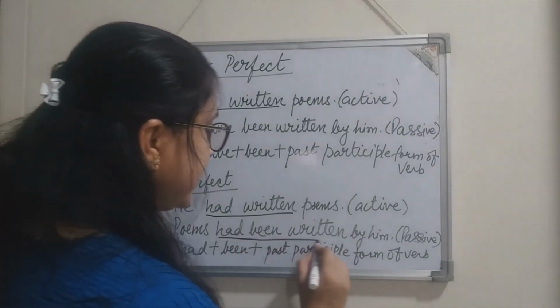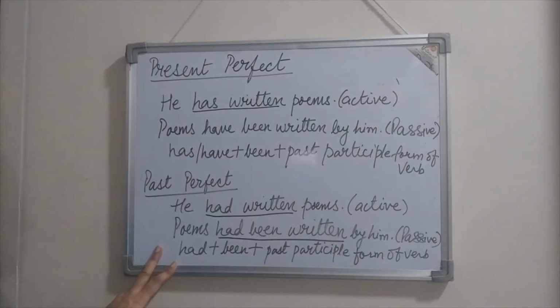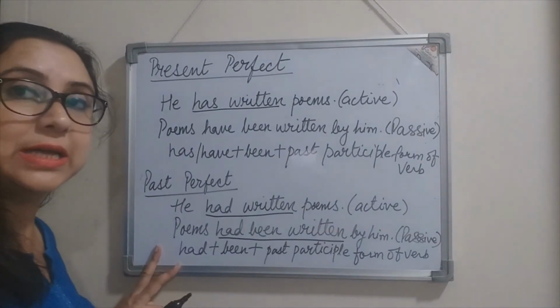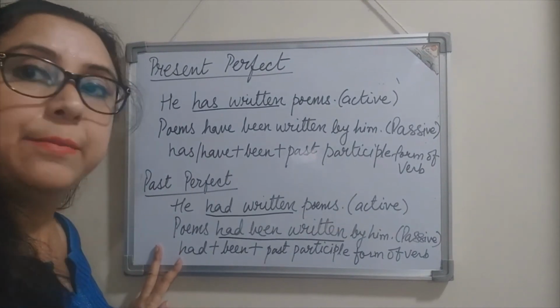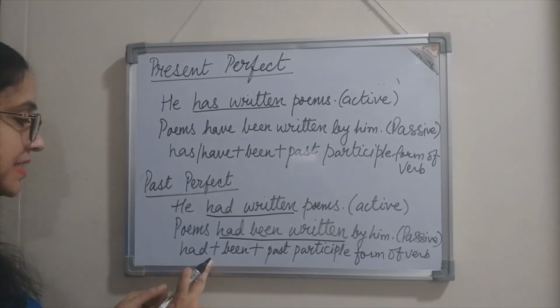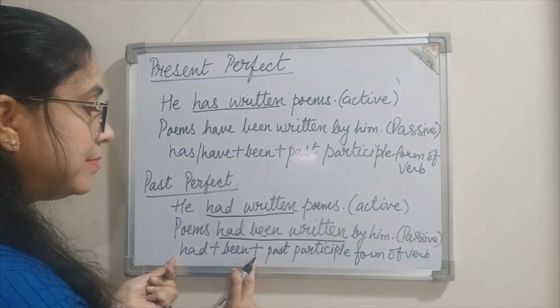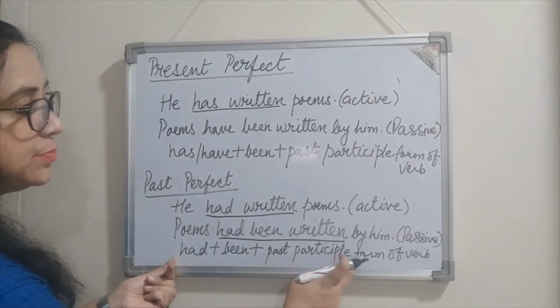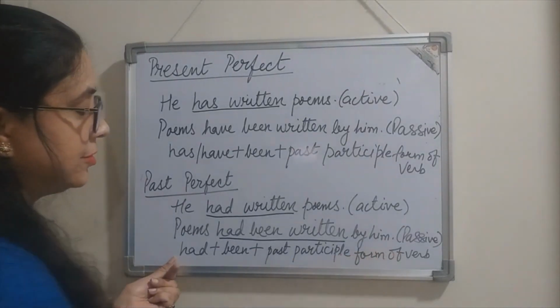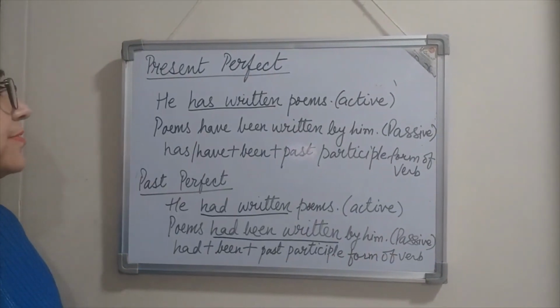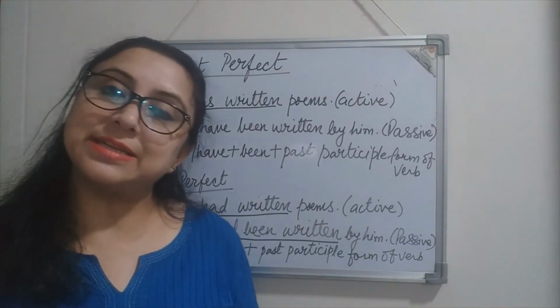So had been written in past perfect tense in which voice? Yes, of course, in passive voice. So what is the basic structure here? Had plus been plus past participle form of verb. I hope present perfect and past perfect is clear to everyone.